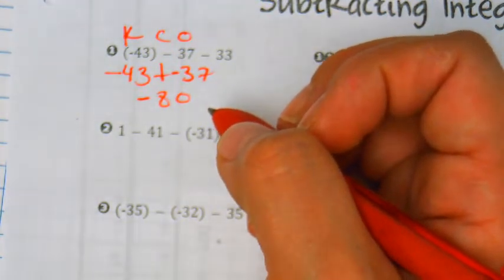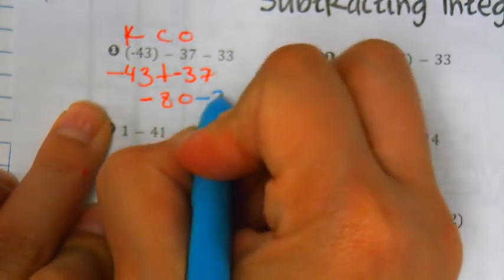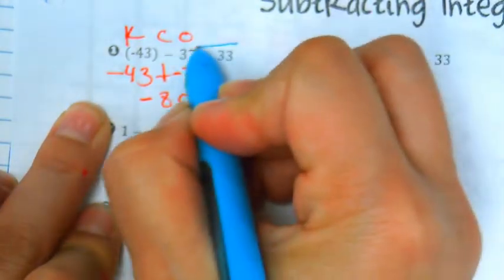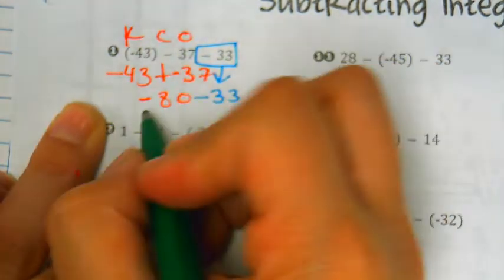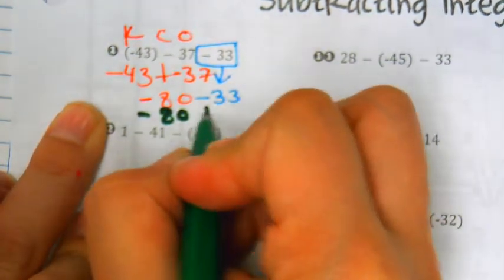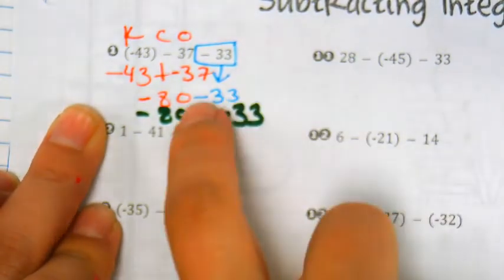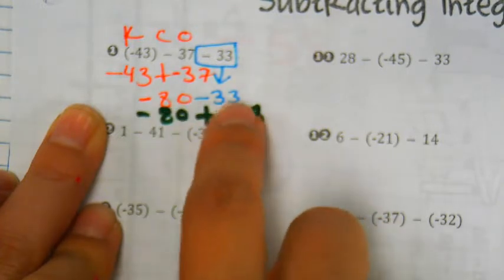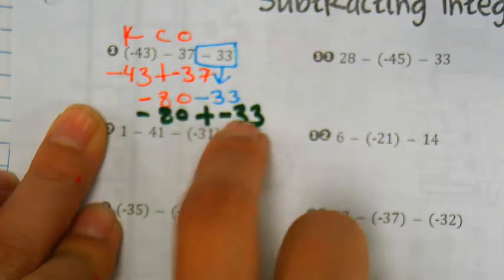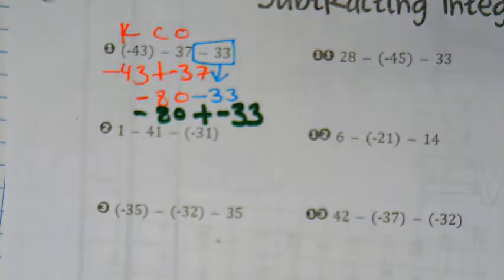If you cannot, then you rewrite it: bring this part down and change it to negative 80 plus negative 33. Keep, change, opposite. All right, what's negative 80 plus negative 33?